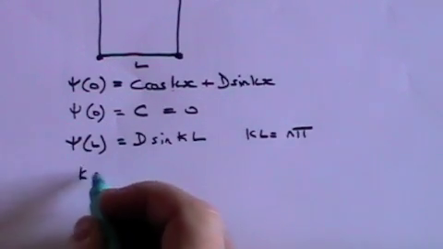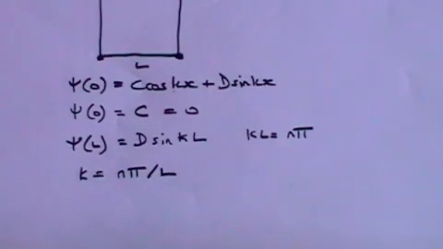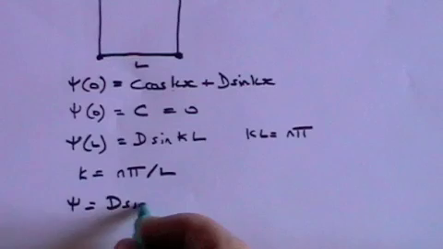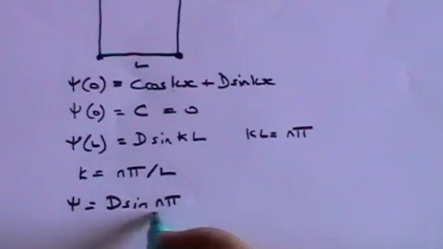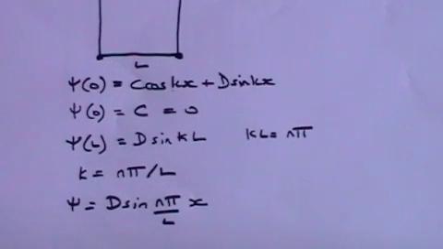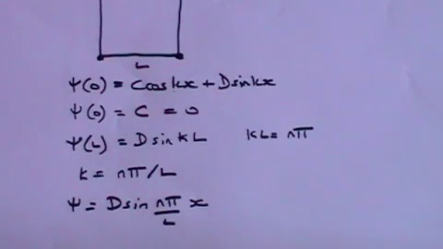That means that k equals n pi divided by L, and that means that there are only allowed levels of the wave function. Psi equals D sine of n pi over L times x. And that is the value of the wave function inside the box.